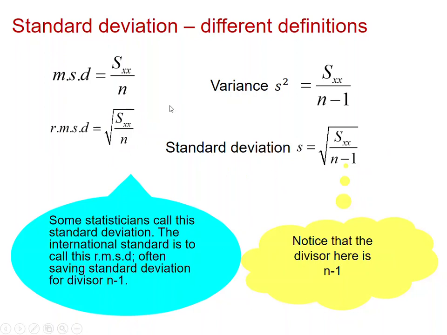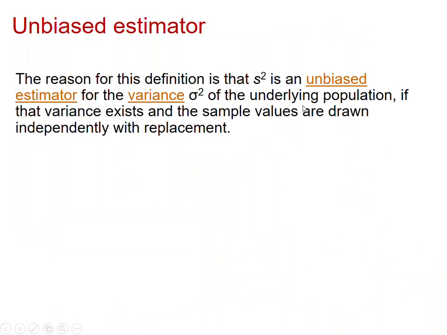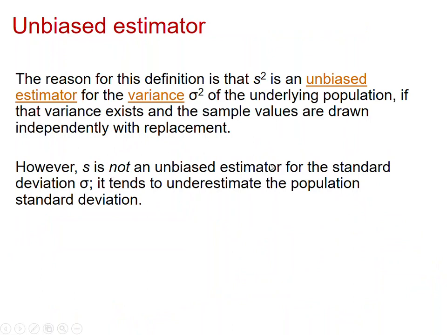The reason we do this is because the variance, in this instance, is considered the unbiased estimator for the population. Interestingly, however, you cannot just assume that calculating s as the standard deviation is a good unbiased estimator for the population standard deviation sigma, as it tends to underestimate the population standard deviation.